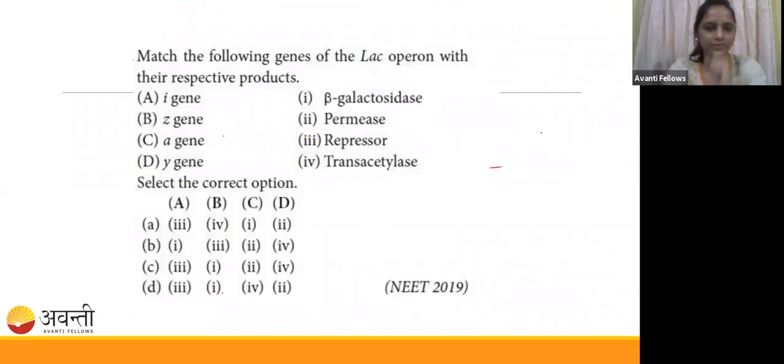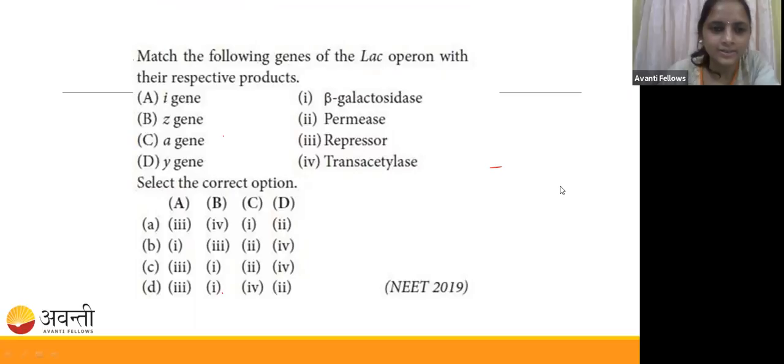If you understood the lac operon, this is a very easy question for you. You have to answer me. Here there is a match the following: you have to match the genes with their products.